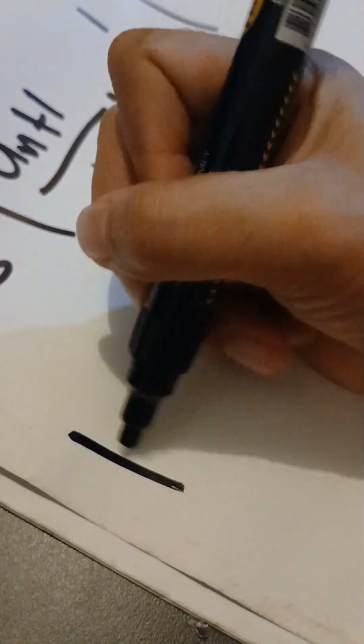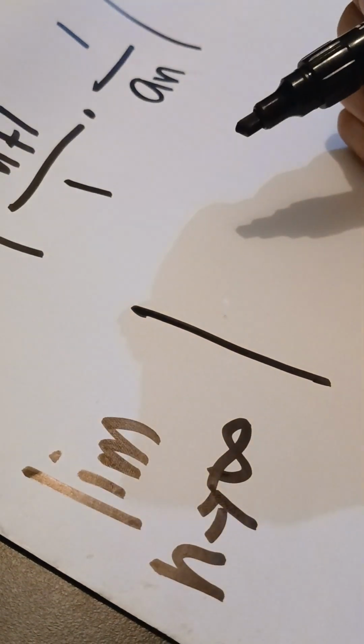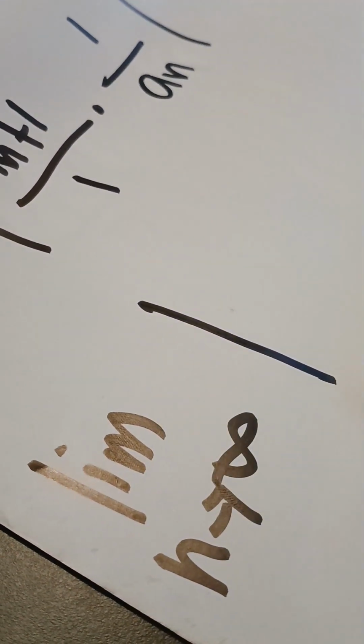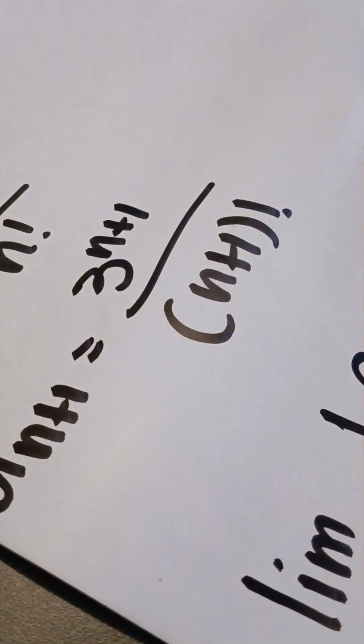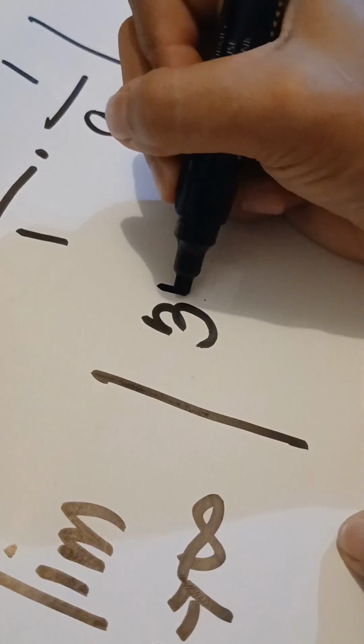So now the limit where n goes to infinity, let's substitute the value of a sub n plus 1. The value there will be 3 raised to n plus 1 over the quantity of n plus 1 factorial.